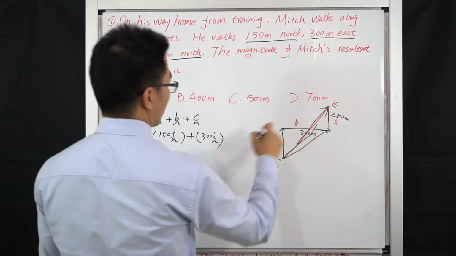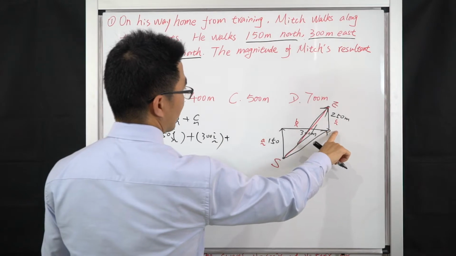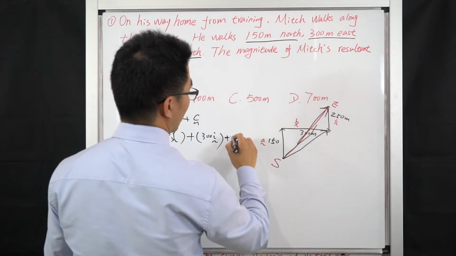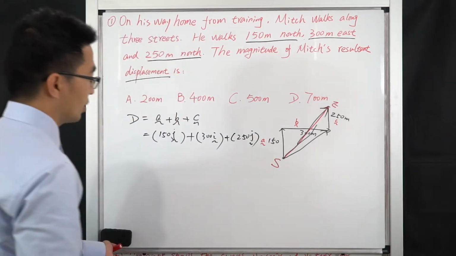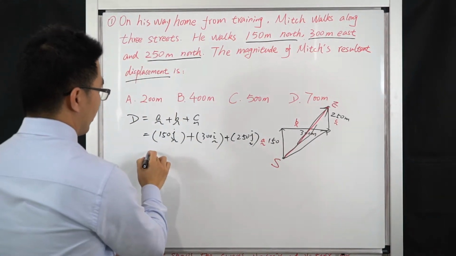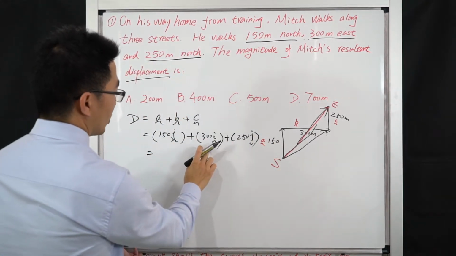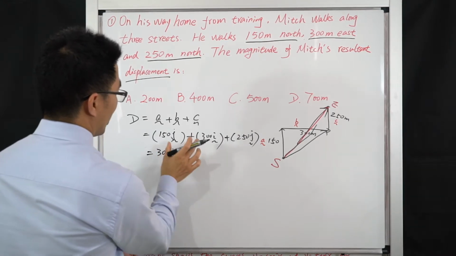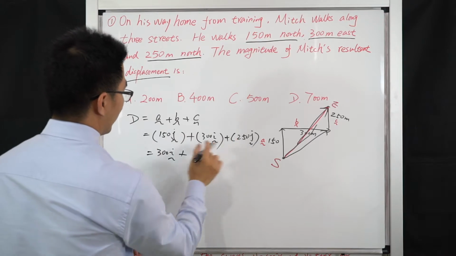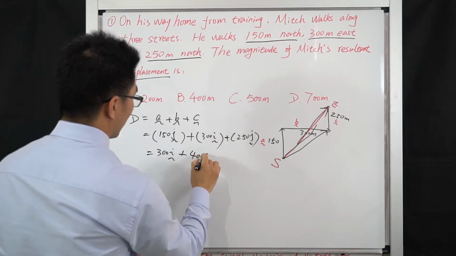Okay. C is going north directly, so it would be 250j only. Okay, sum up all these three vectors: we only have one i term, so it will be 300i, plus j, so 150 plus 250 is 400j.